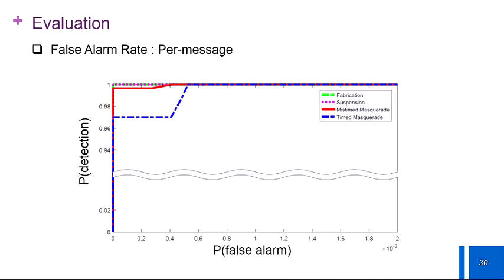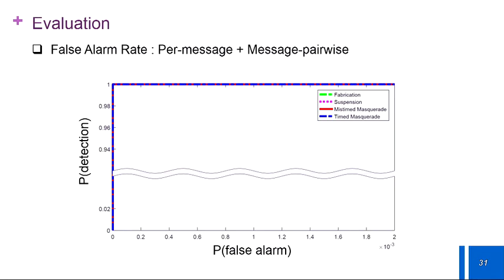We were able to detect all 900 attacks that we mounted using fabrication and suspension, but not all masquerade, because if the attacker switches from one to another with very good timing, then because the clock skew is pretty much the same before and after, we won't be able to detect that with just per message. But if we added message pairwise, which looks at instantaneous offsets and their correlation, we were able to suppress all those false alarms and detect all of them correctly.